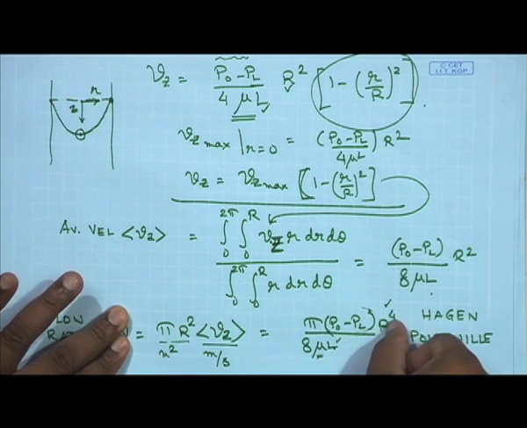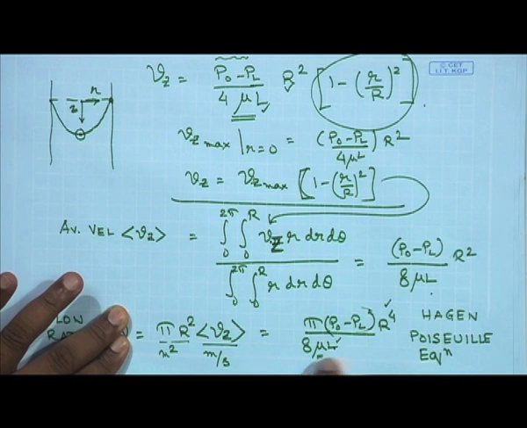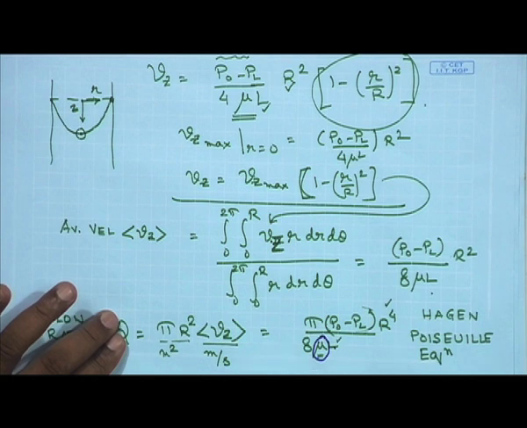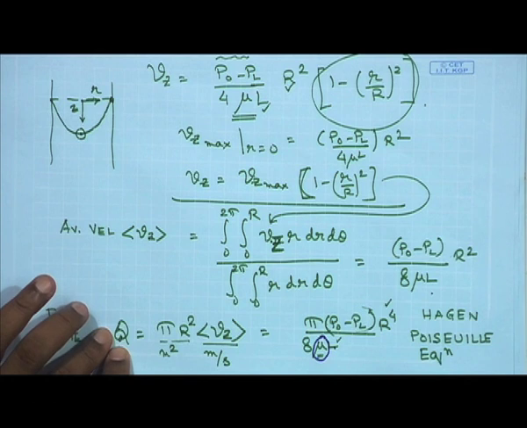All these are known to you. The only unknown here is the property mu. So using a capillary viscometer, where a very thin capillary is used to obtain some flow out of the capillary, the only unknown being mu can be calculated.